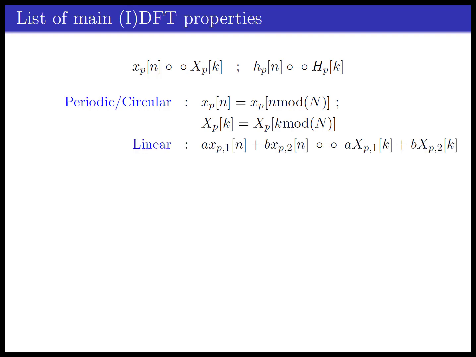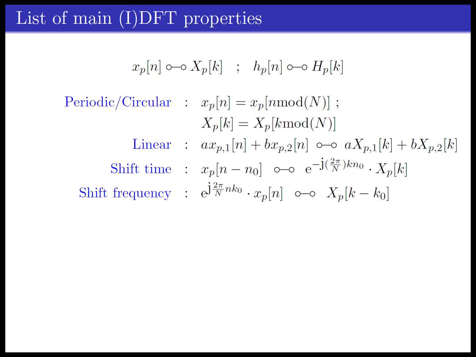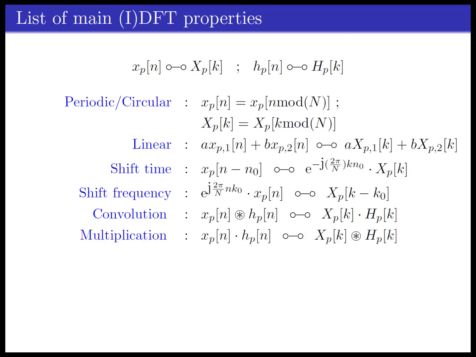It's straightforward to show that the DFT is a linear operation. Shifting in time or frequency domain results in a multiplication with a complex exponent in the other domain, although we should realize that the shift is a circular shift. The convolution in time or frequency domain is equivalent to a multiplication in the other domain, in which the convolution is a circular convolution.